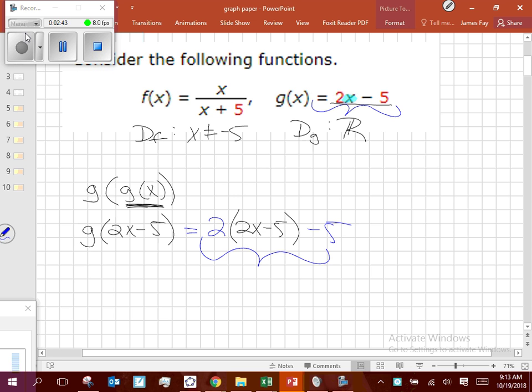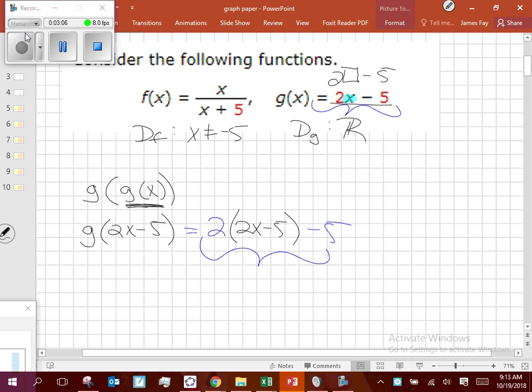I think what might open your eyes maybe to this process. You guys remember back to like 7th grade, 8th grade, when we first started working with algebra. Before they even introduced variables, they put a box there, right? Well, that's kind of the same thing here. When we evaluate g at 2x minus 5, what should go in that box? 2x minus 5, right?